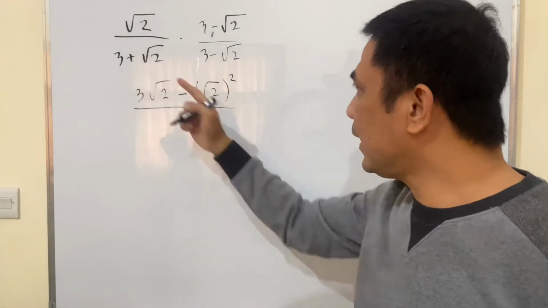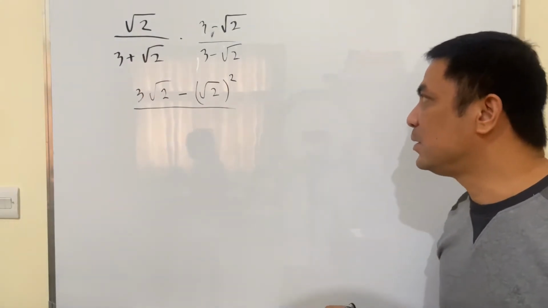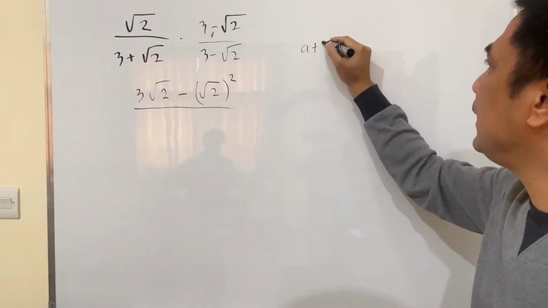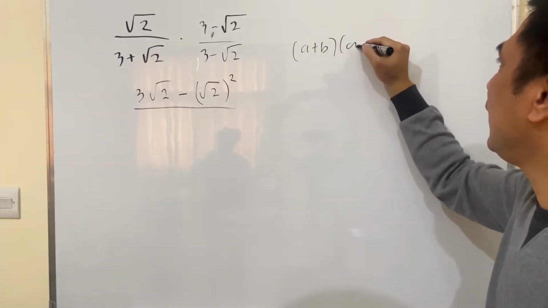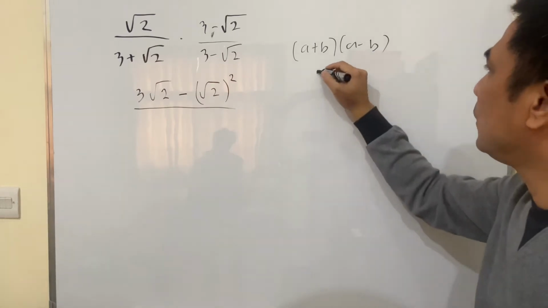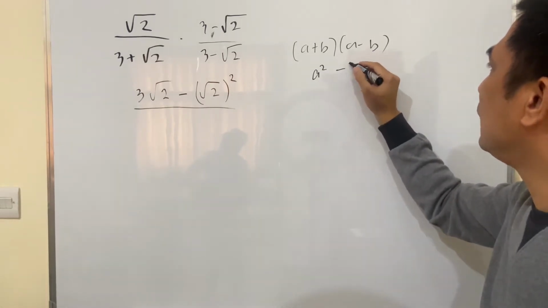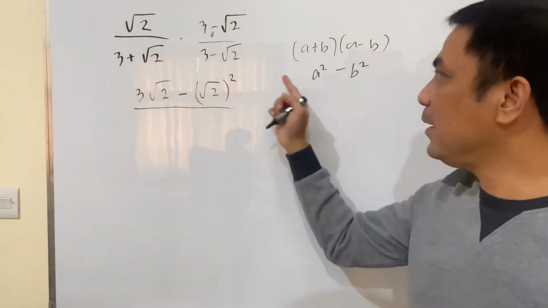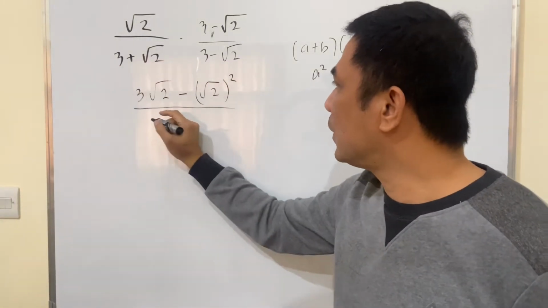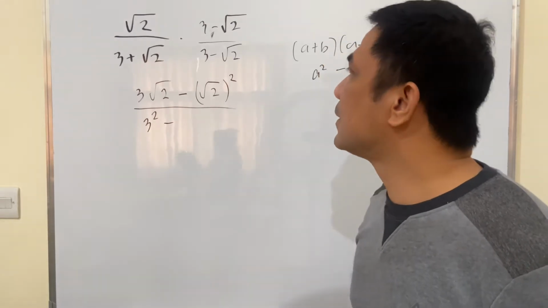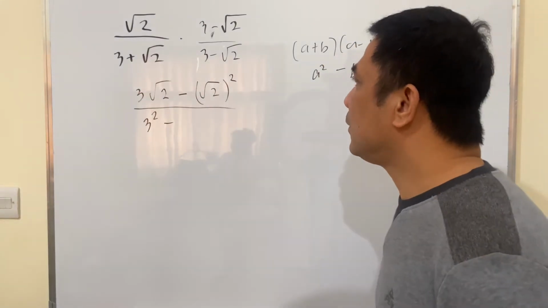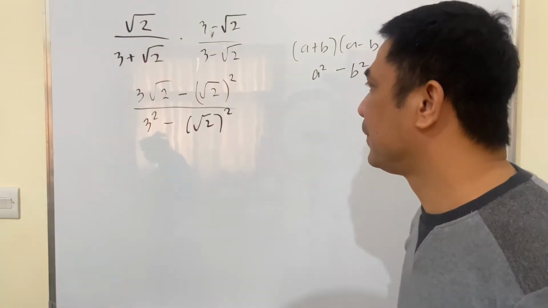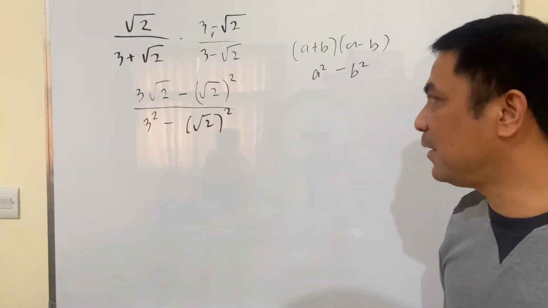As you would recall, if you have a plus b times the quantity a minus b, that will be a squared minus b squared, that is the sum and difference of 2 squares. So same here, it will be 3 squared minus the square root of 2 squared. Okay, let's try to simplify further.